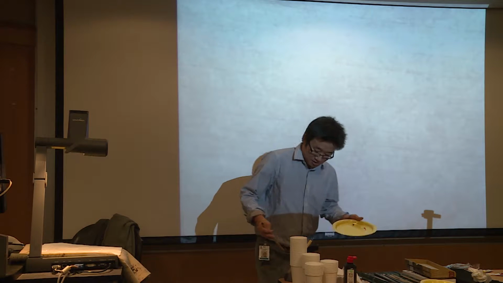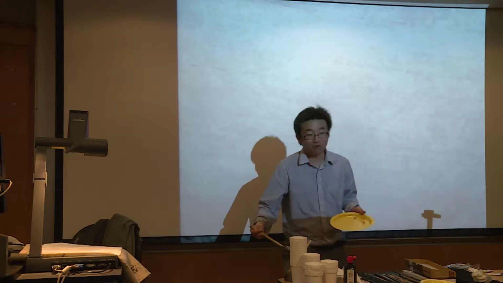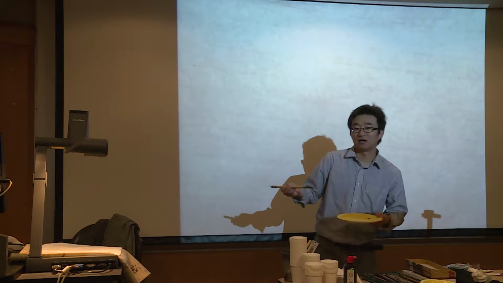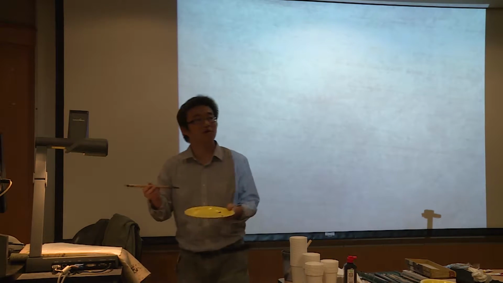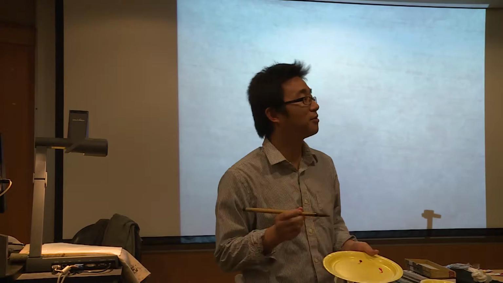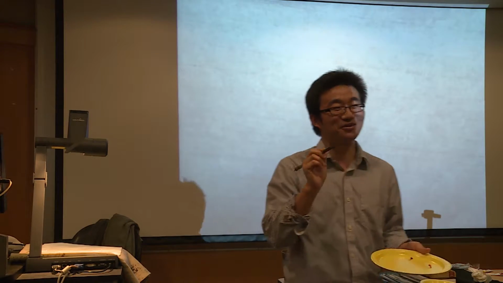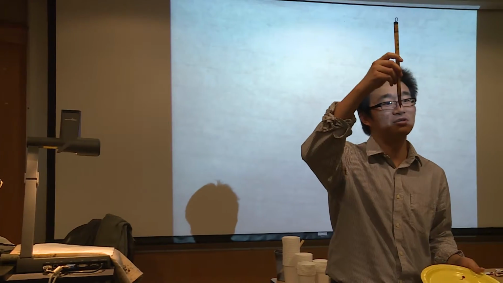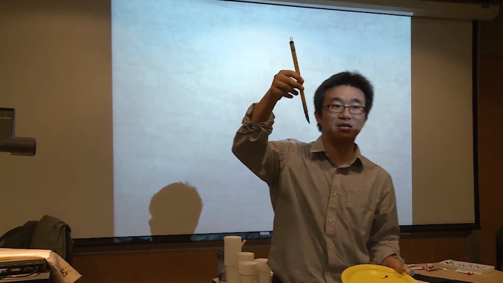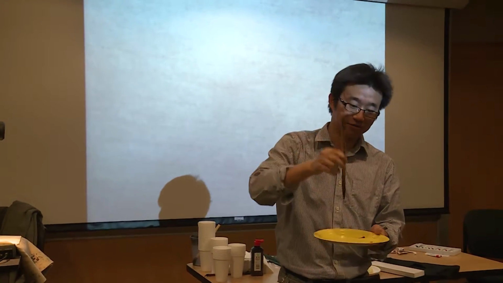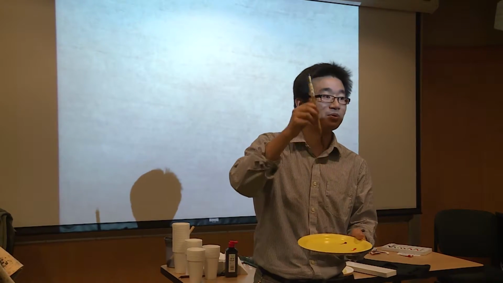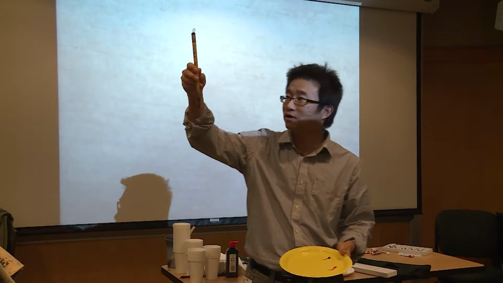First, before we start to paint, let's take a look at how we're gonna hold the brush. It's not like painting Western oil painting, holding the brush like this. No, it's not like holding a pen. It's holding in a different way, vertical to the paper, perpendicular to the paper. How to hold it?